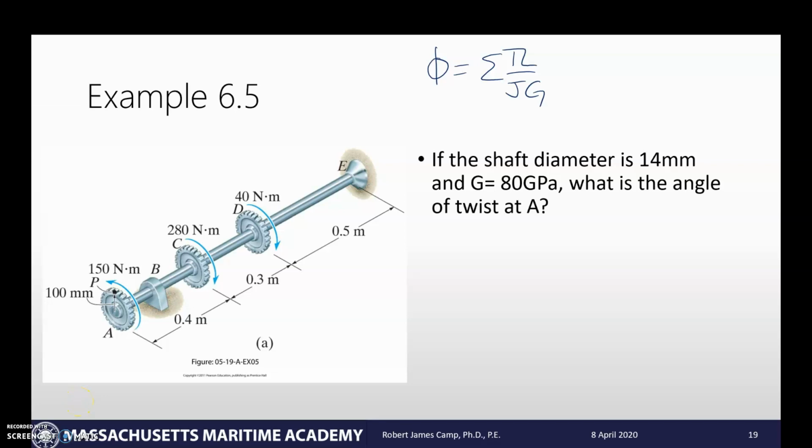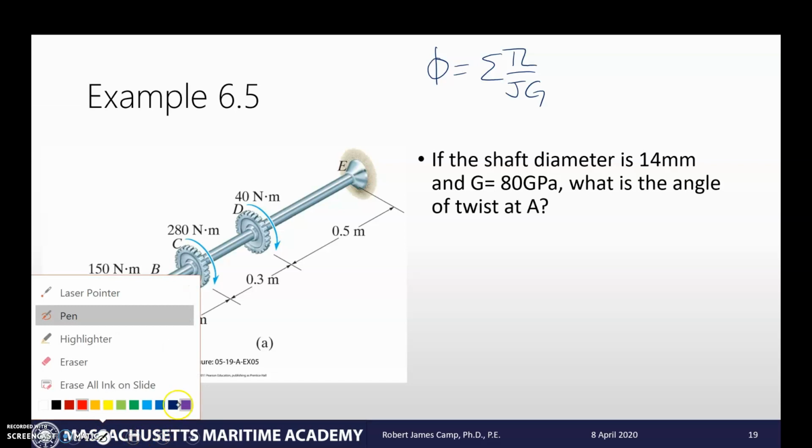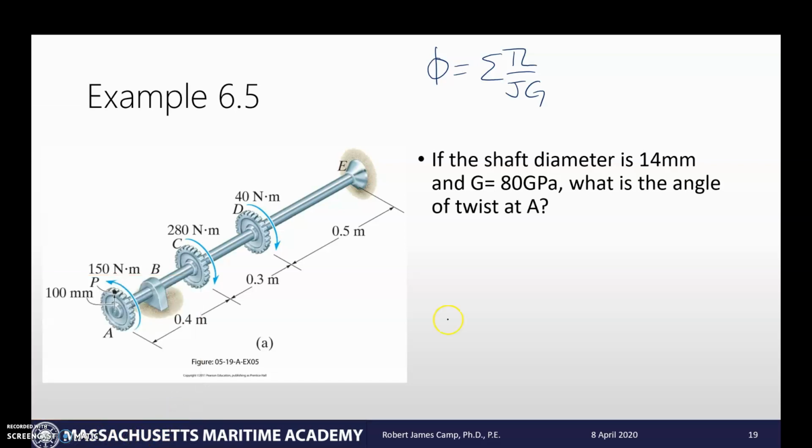As I look from A, B is just a bearing that has no effect on anything going on. E is where it is grounded into the wall. So if I do a quick free body diagram of my entire shaft, what do I have?